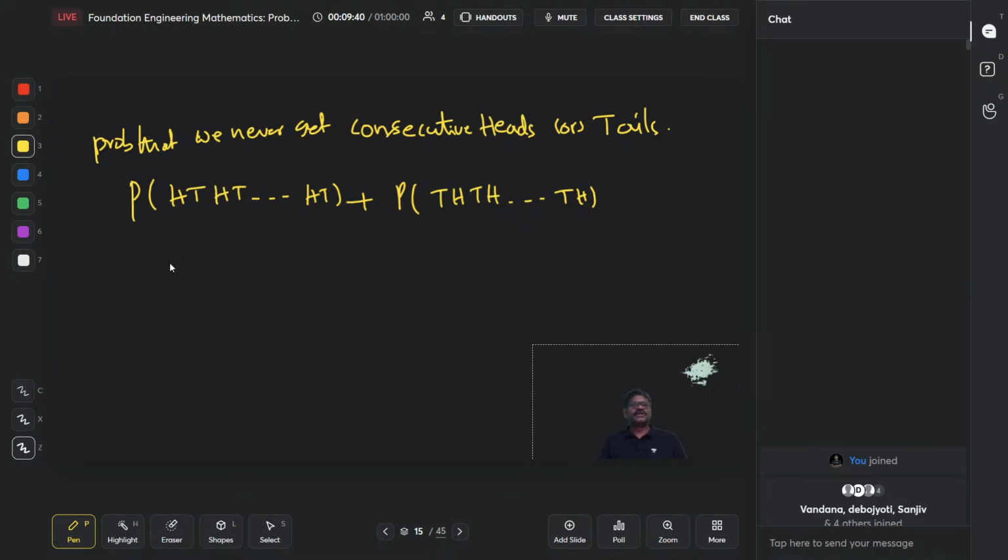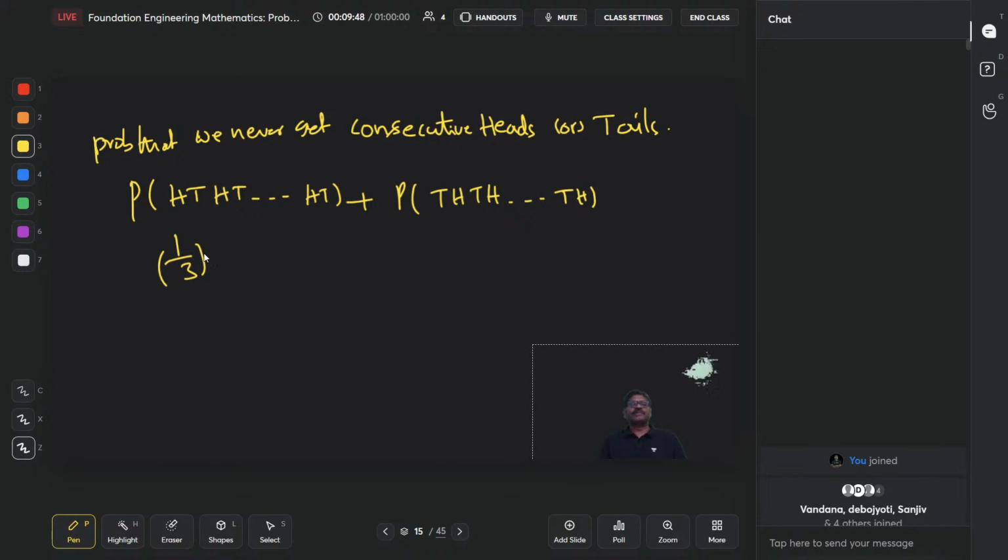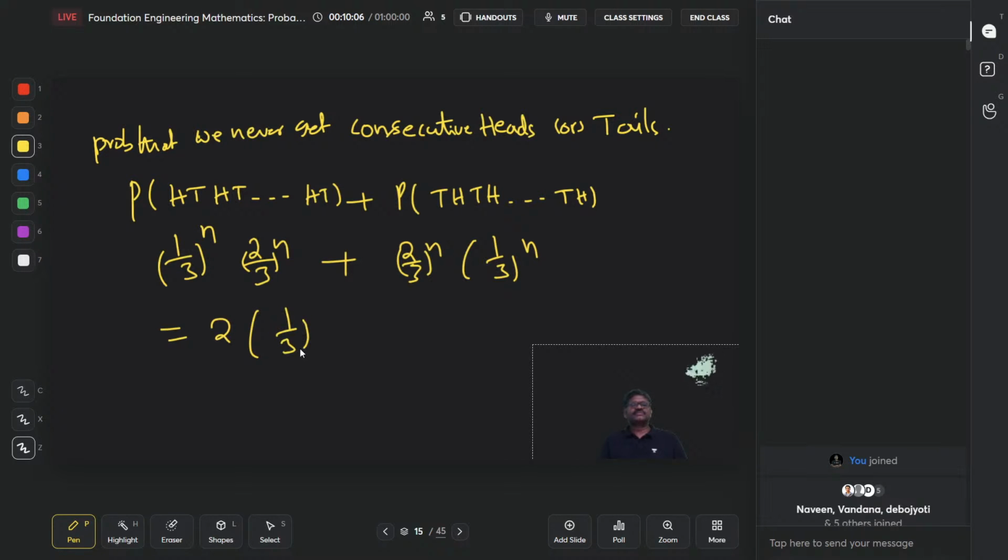Now the chance of getting head is 1 by 3, tail is 2 by 3, 1 by 3 n times, 2 by 3 n times, because the total number of tosses is 2n. Now this is nothing but 2 times 1 by 3 whole power n and 2 by 3 whole power n. That is 2 power n plus 1 by 3 power 2n.